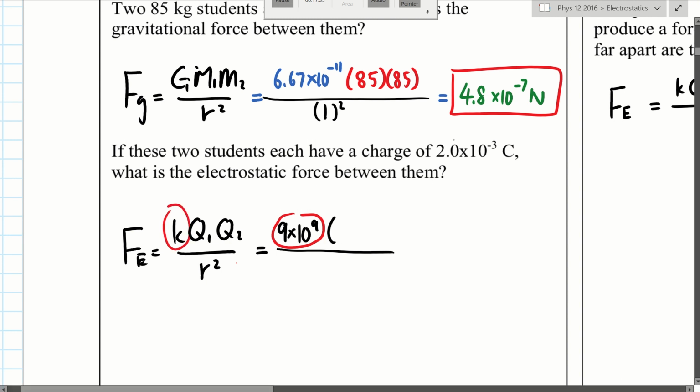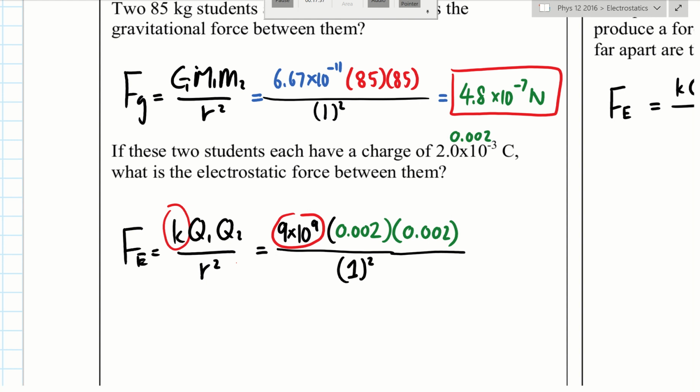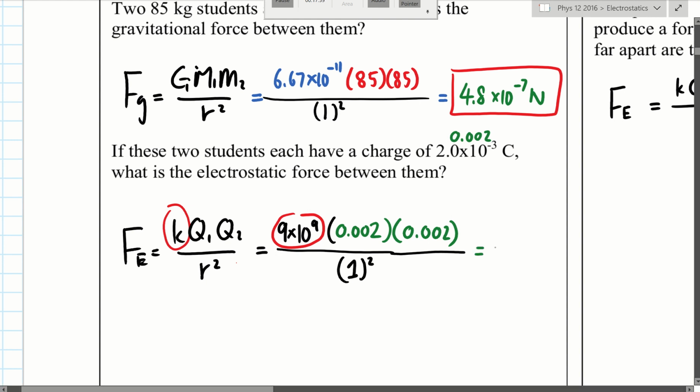This is 0.002, I believe. 1, 2, 3. Yeah, 0.002 coulomb twice, because both objects have that charge. And then divided by the distance, same distance, squared. So now try doing this on your calculator. Use the result. That is 36,000 Newton.